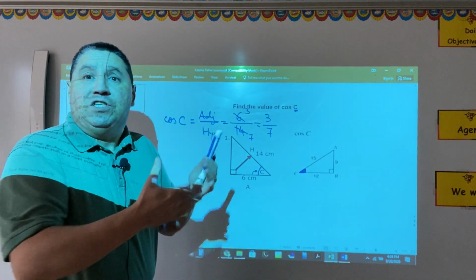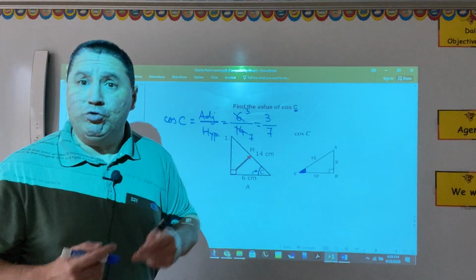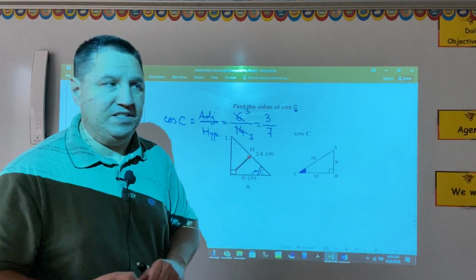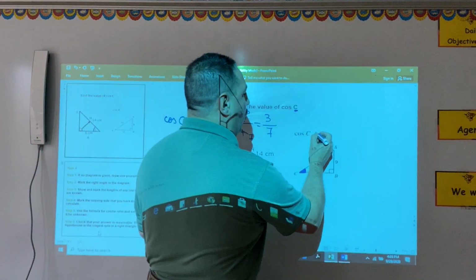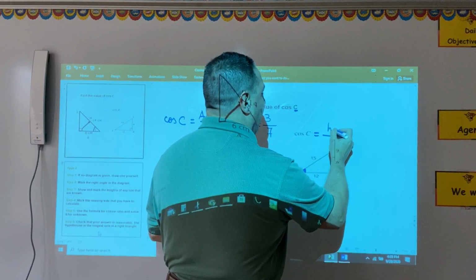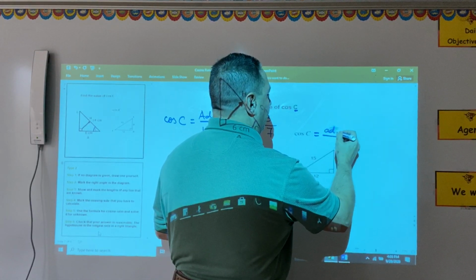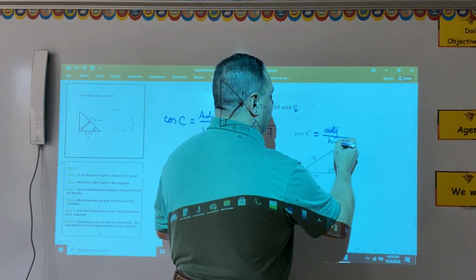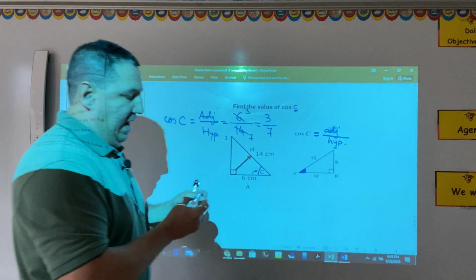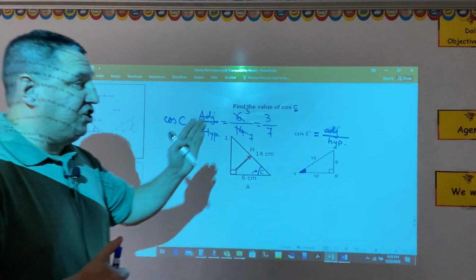Next, we use the formula for cosine ratio to find the cosine of angle C. We know cosine of angle C is adjacent side over hypotenuse. Now, we have to identify the adjacent side.